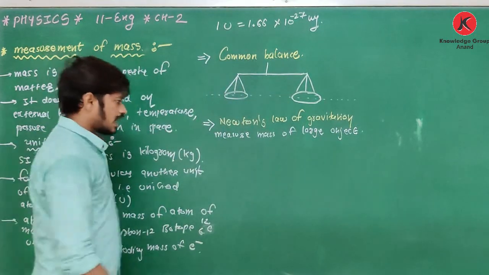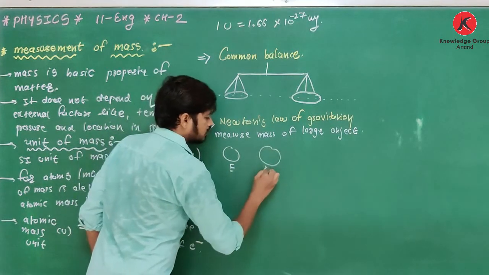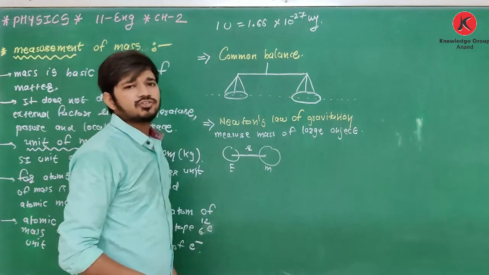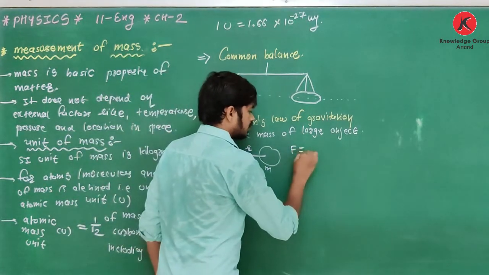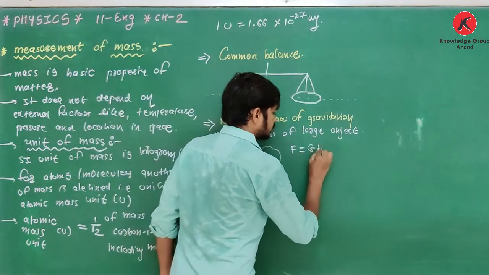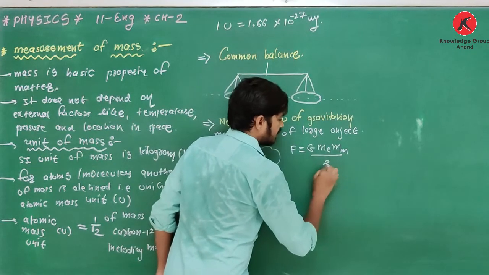Large objects, for example the Earth and the Moon, with distance r between them. We know Newton's law of gravitation: F is equal to G times mass of Earth times mass of Moon divided by r square.